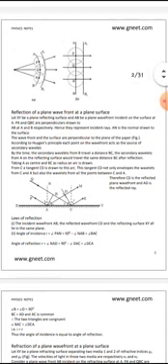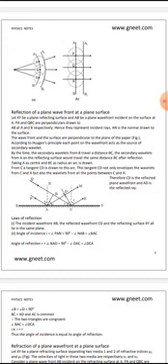Next is the law of reflection. What it says: the incident wavefront AB, the reflected wavefront CD and the reflecting surface XY all lie in the same plane. Angle of incidence i is equal to angle PAN, which is 90 degrees minus angle NAB, which is equal to angle BAC.